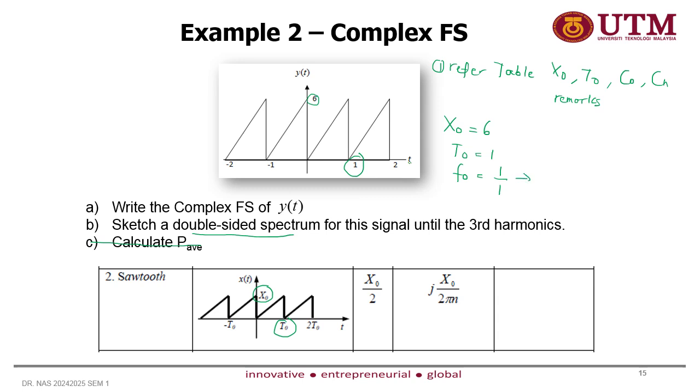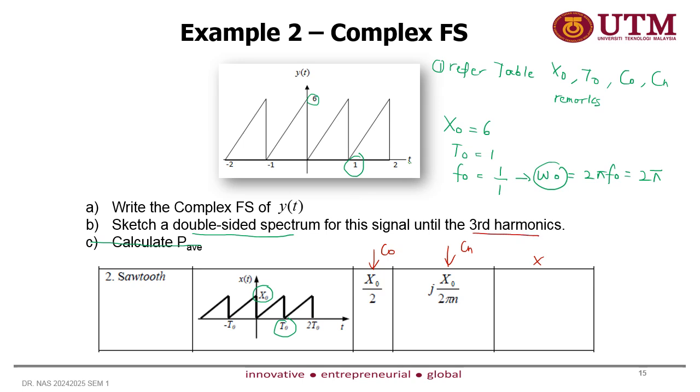Then your omega naught equals 2 pi f naught, which is 2 pi. So this is your omega naught. You also have c naught and cn, and no remarks. So all n values need to be included up to third harmonics.